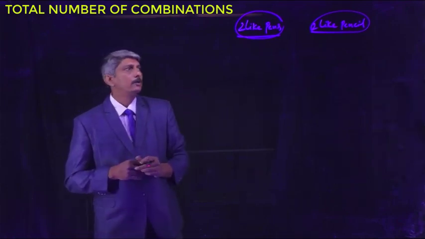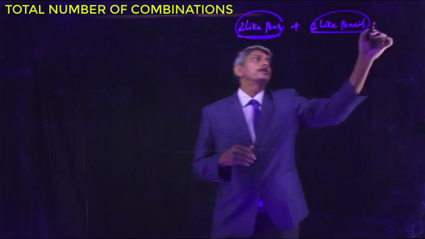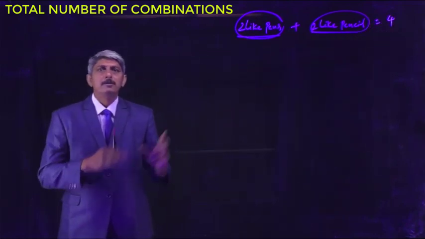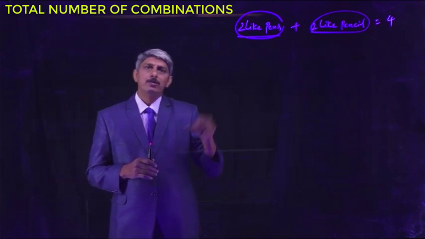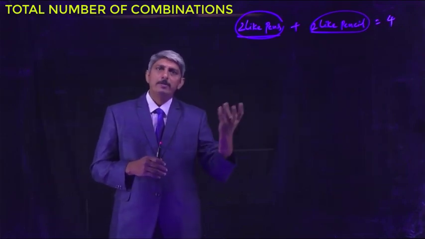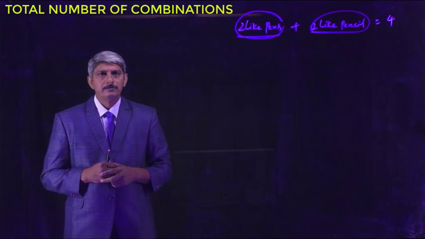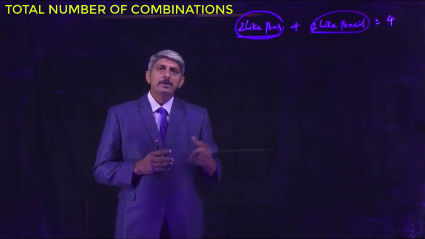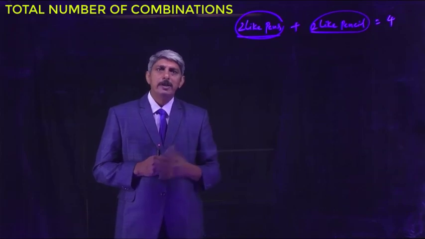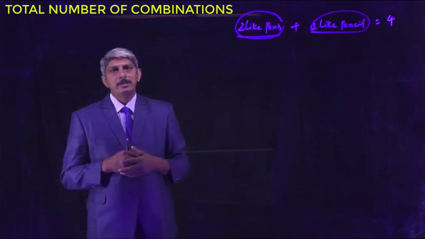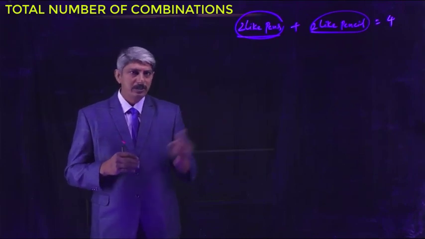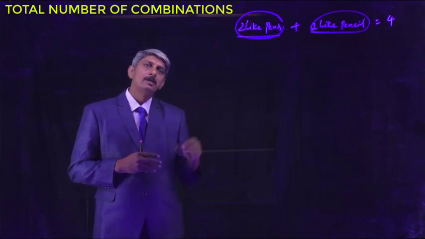Totally we have 2 plus 2, so this is equal to 4 things. Now these 4 things are placed in a box. Now we draw. So how many possibilities? When we draw blindly, we will get either 0 things or 1 thing or 2 things or 3 things or 4 things.